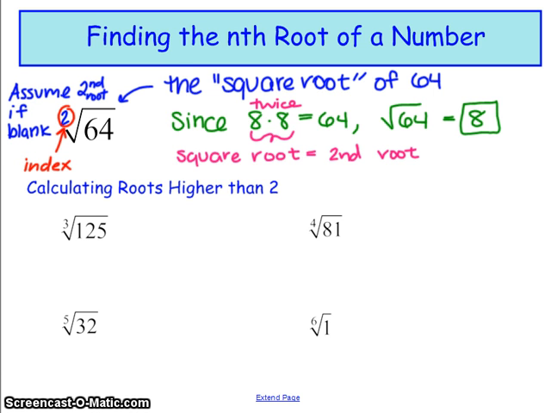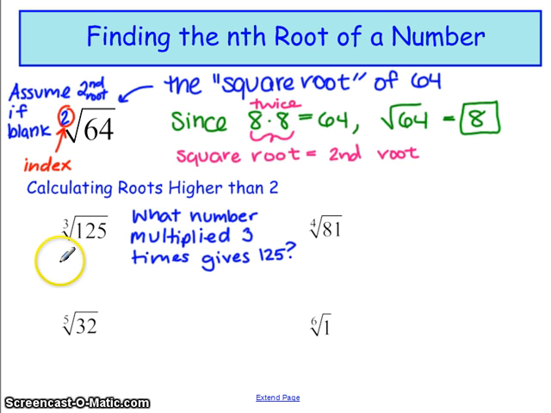So when we do roots that aren't 2, here's what we have to think. If we attack the third root of 125, instead of asking ourselves what number multiplied together twice will give us 64, we have to think what number multiplied together 3 times will give you 125. You have to kind of use trial and error.